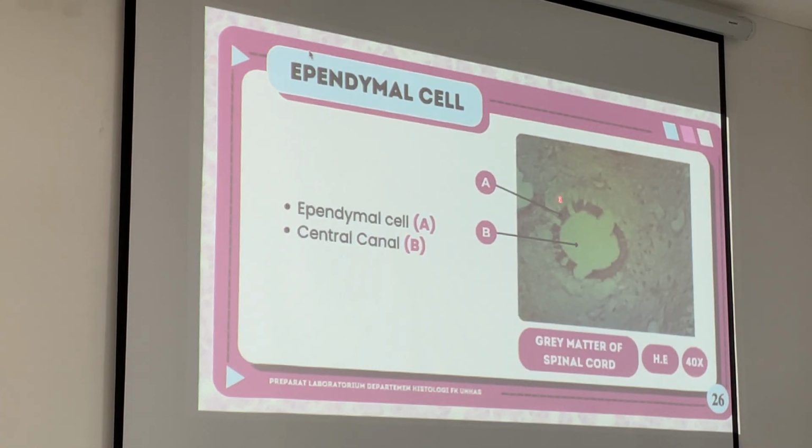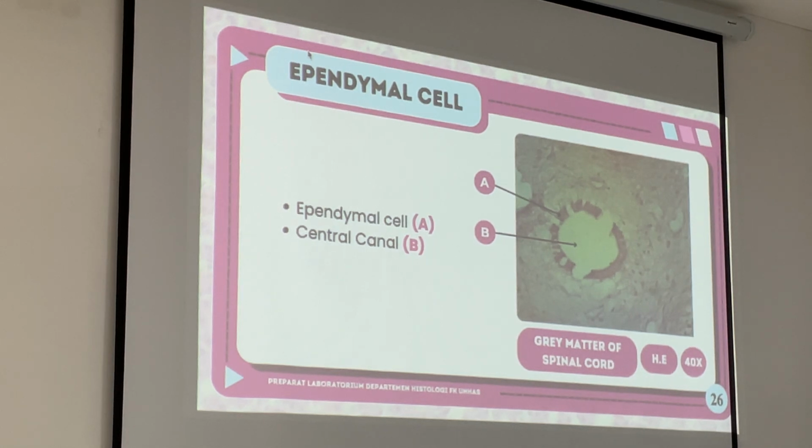Okay, these are the ependymal cells. If in your examinations later we point at the center, the canalis centralis medullae spinalis, it means we ask for the central canal. This connects from the cervical region until the bottom of the medulla spinalis.